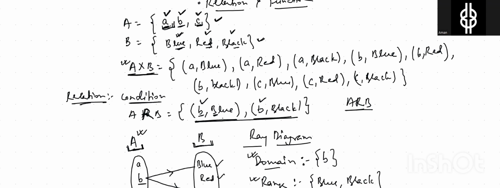For example, B comma blue is present here, and B comma black is also present here. So B comma blue, B comma black, both are present.